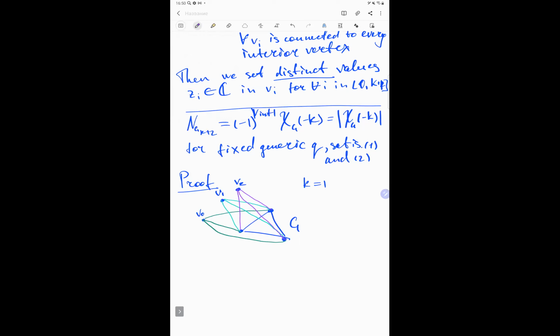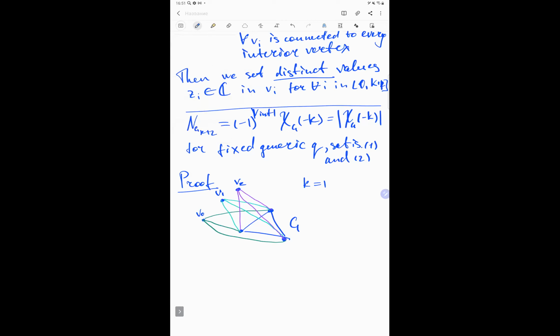Q are given on each of these edges of this big graph, and Z are chosen for V0, V1, V2. Then you say that you can choose additional free values of Z, and the number of ways to choose them is equal to the absolute value of this chromatic polynomial.